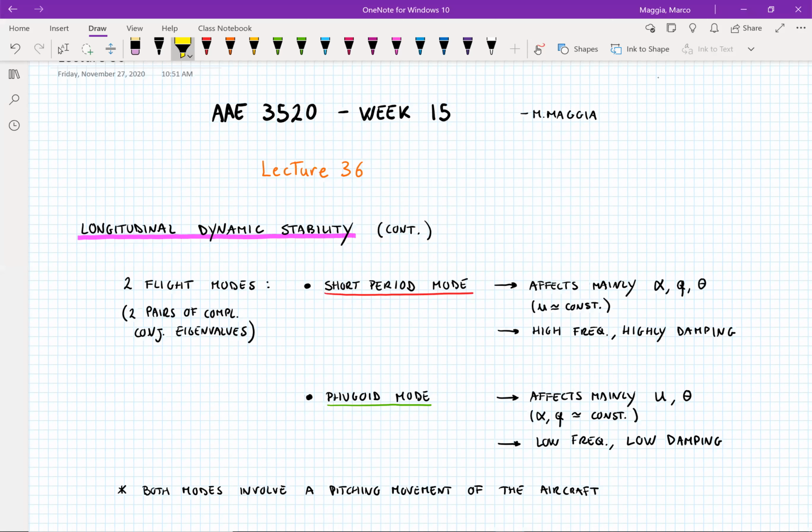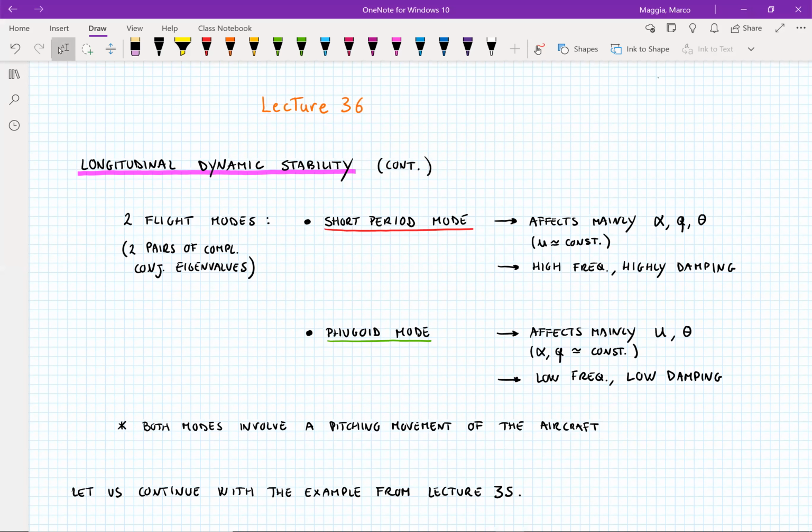So I want to talk a little bit more about the longitudinal dynamic stability, studying the example that we were seeing in lecture 35. We highlighted two flight modes.